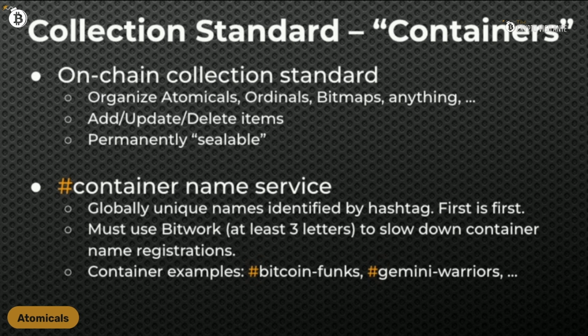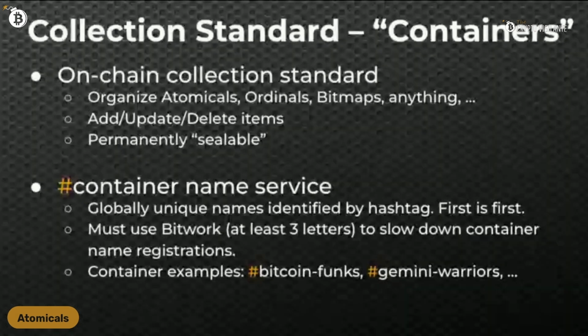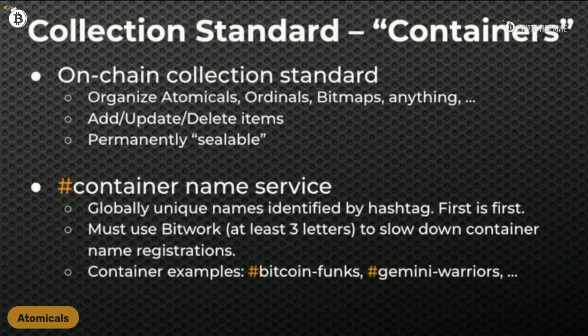And they have to be the first, of course, to do it and pay the on-chain transaction fee. Examples would be like Bitcoin Funks or Gemini Warriors. It can really be any name up to 64 characters long, as long as it doesn't include things like emojis and all that. But any readable container name is up for grabs. First is first. Okay, that's how the container name service works.